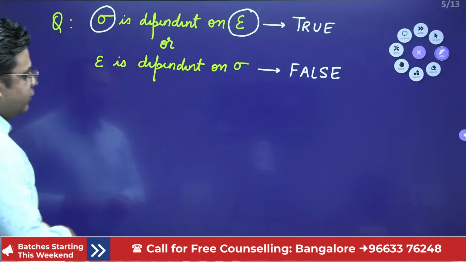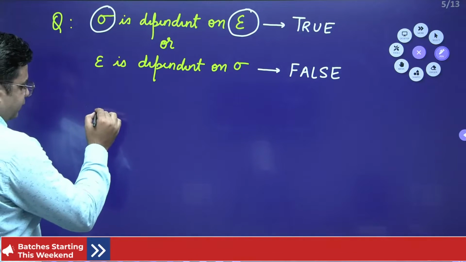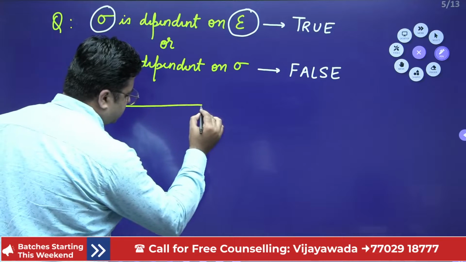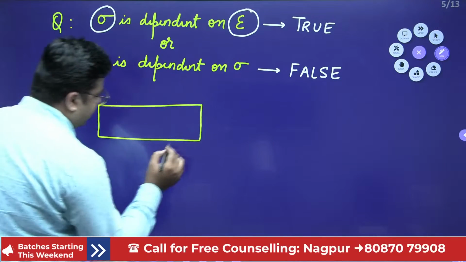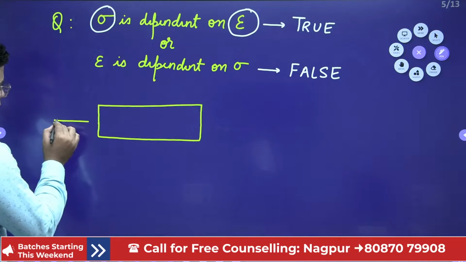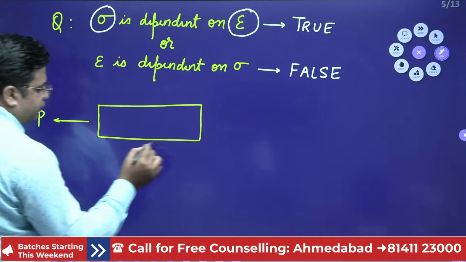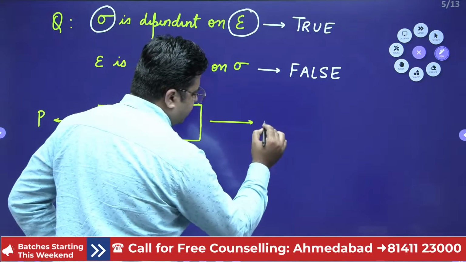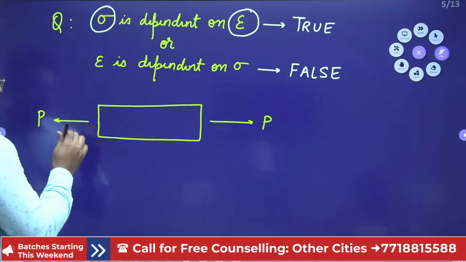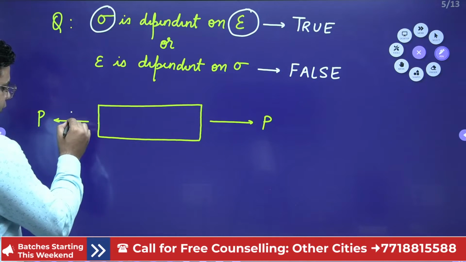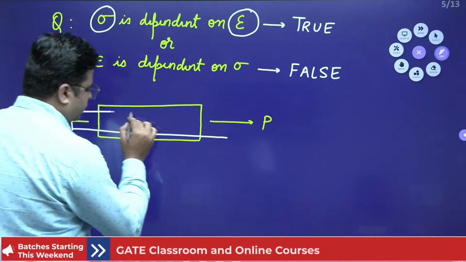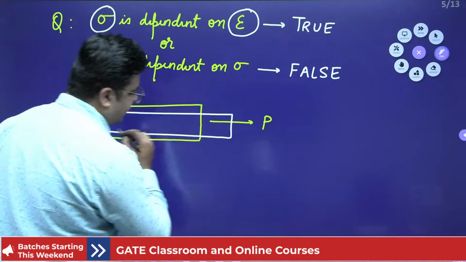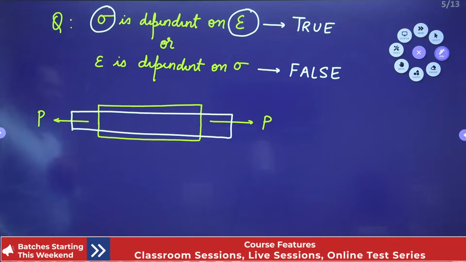What I am saying, if this is my body, and I apply external load over this body, due to this external load, this body will undergo some deformation. Like this, right?